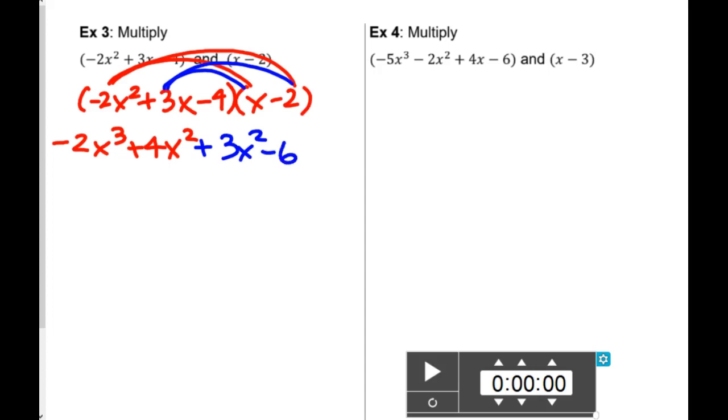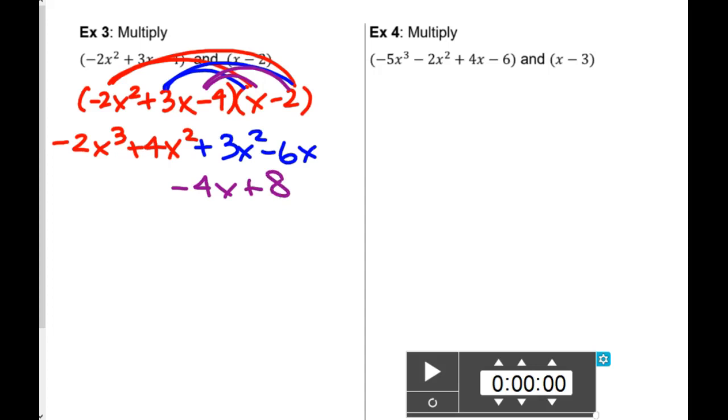Now, if you're like me, you might be running out of room. I'm just going to write the rest of it underneath it. We're not done. We have a third term here. Negative 4 times x. Negative 4x. And negative 4 times negative 2, multiplying negatives gives me a positive 8.